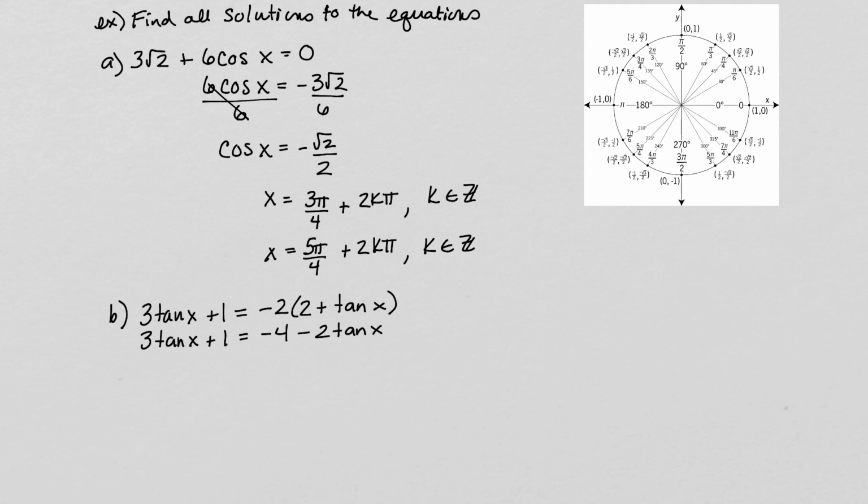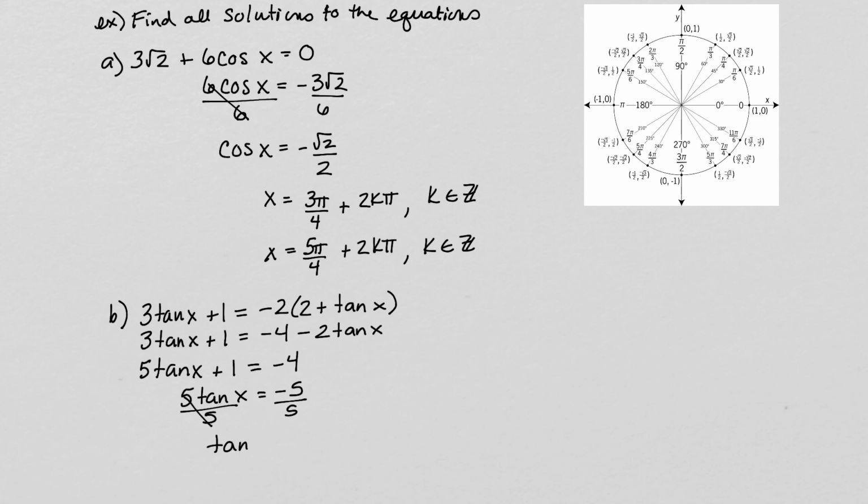So if I add 2 tangent x to both sides, I would end up with 5 tangent x plus 1 equals -4. If I subtract 1 from both sides, I have 5 tangent x equals -5. And now I'll divide both sides by 5.